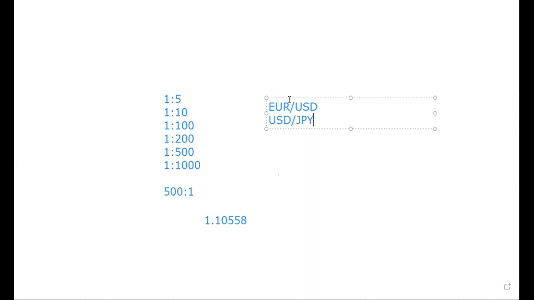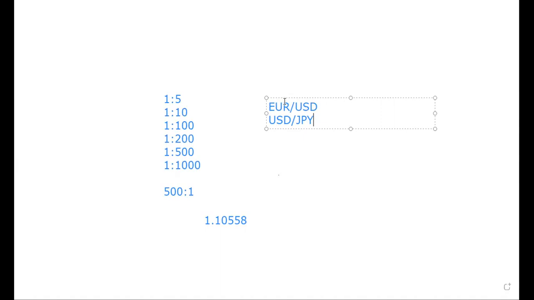When you want to create a forex account with any broker, they will ask you which account currency you would like to trade on. We choose USD; that is our account currency.